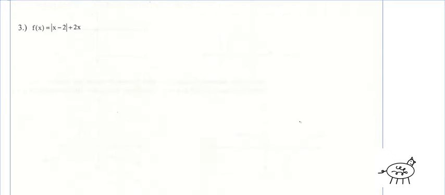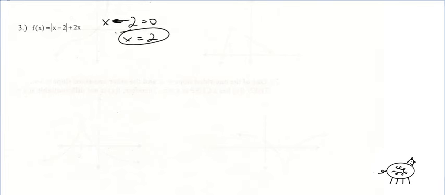All right, number 3, well, this is the deal, math fans. I can't just investigate this with the graph now. I mean, it's okay to draw a graph, but what I really need to do is kind of break this up. I need to check out the slopes, and my critical value here is where that absolute value is equal to 0. So isn't it x minus 2 equals 0? So x equals 2. That's what I'm checking for. That's my critical value.